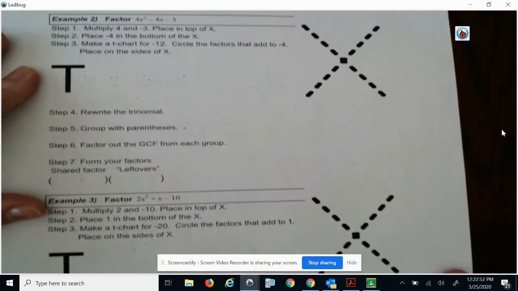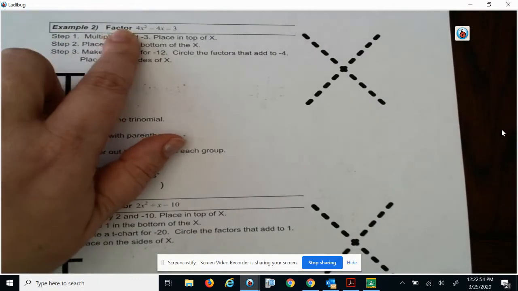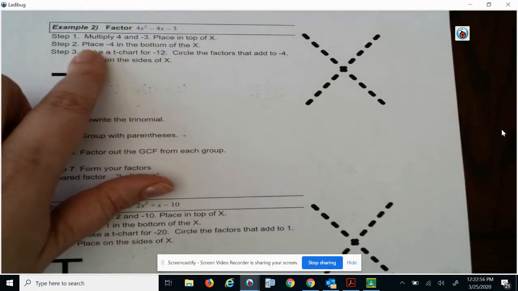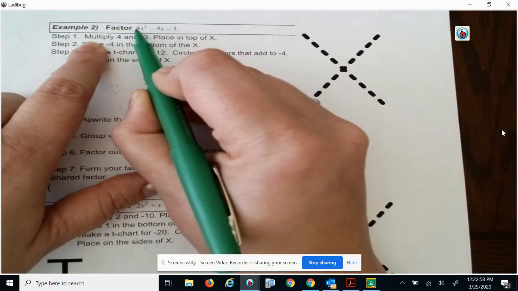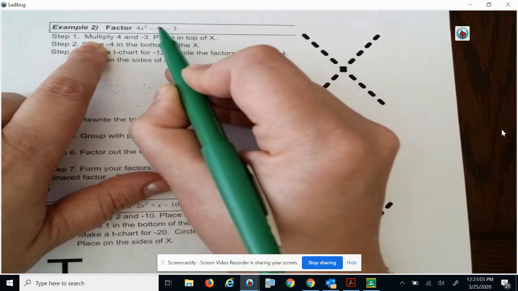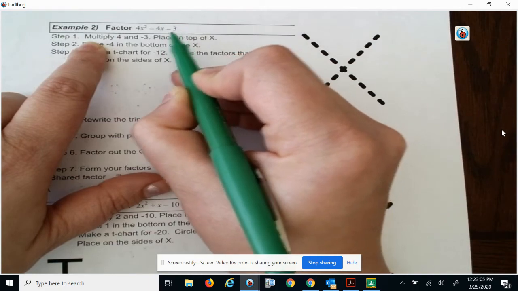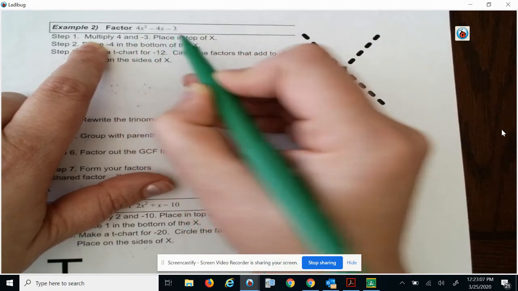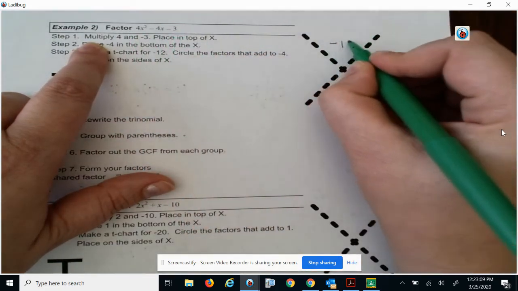Okay, example 2. We have our trinomial here. So first we're going to multiply the first number and the last number. We got to take into account that sign in front also. So we're doing 4 times negative 3 is negative 12, and we're going to put it at the top.